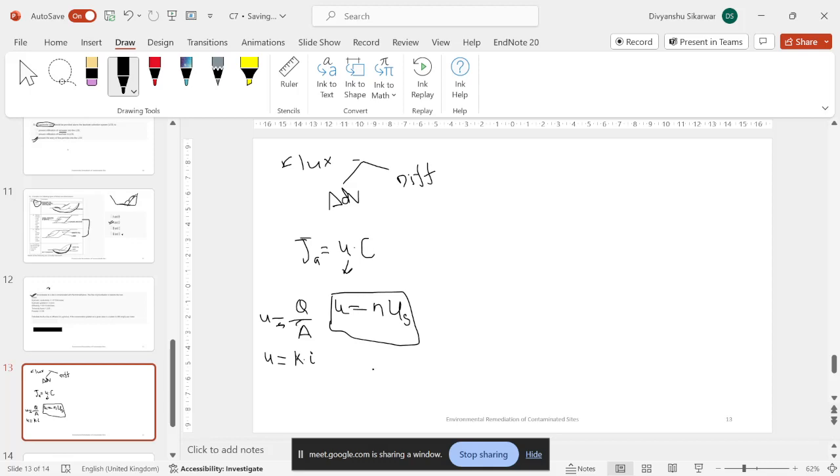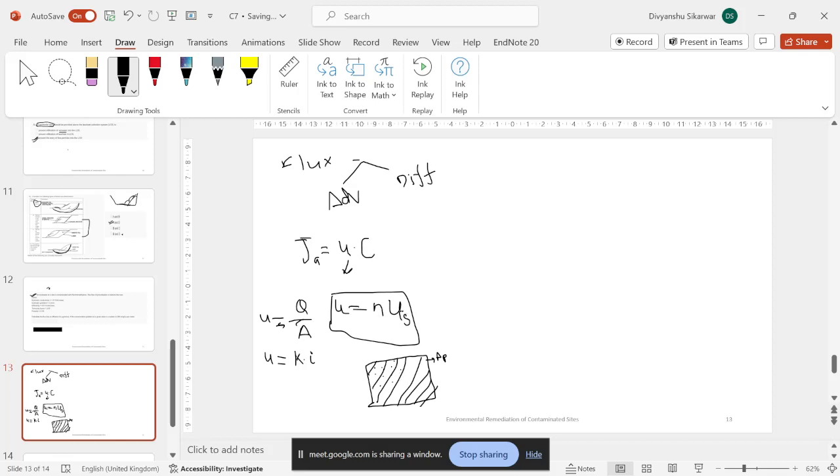Because here we assume that if this is the total soil mass, we consider the complete area. But water is not passing through the complete area. Water is passing through the pores, so you have to consider only the area of pores.